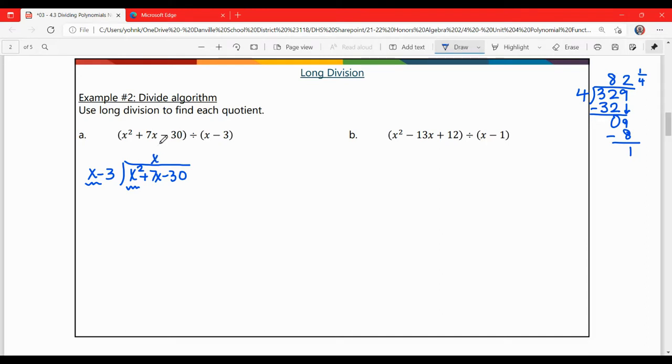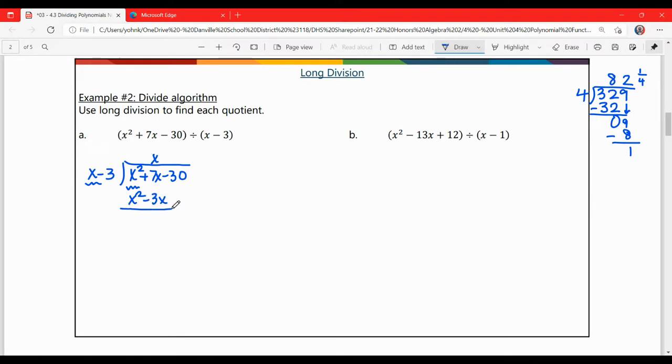And we're going to make sure that we keep all of our like terms vertically stacked. So since it's an x as my answer, I'm going to put it over the other x. I wouldn't put it over the x squared or the number. Once I put that x up top, I'm going to distribute it to the x and the -3. So I'm going to say x times x is x squared, and x times -3 is -3x.